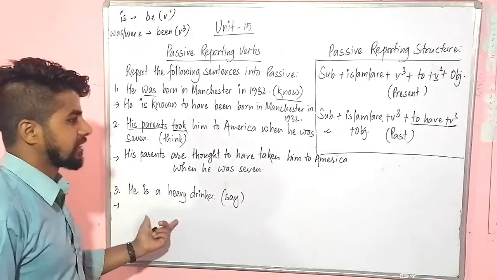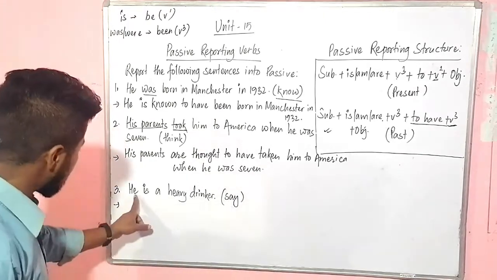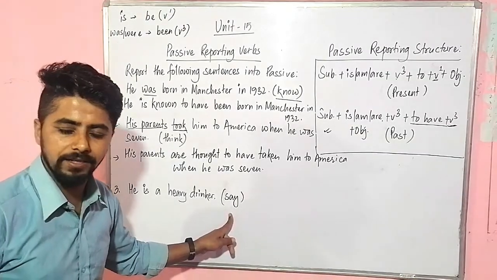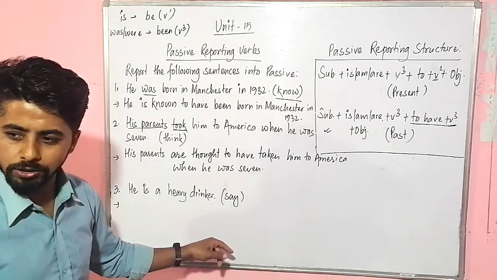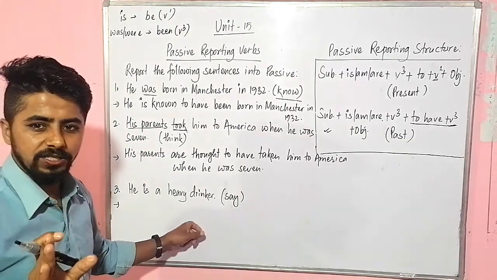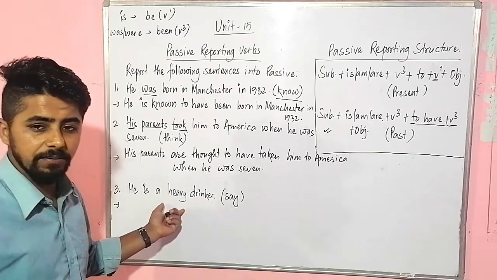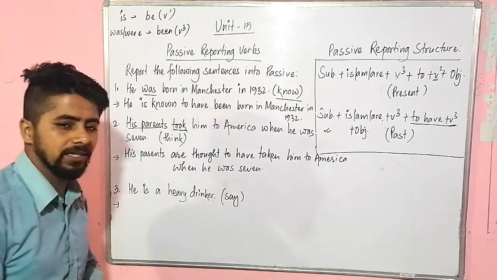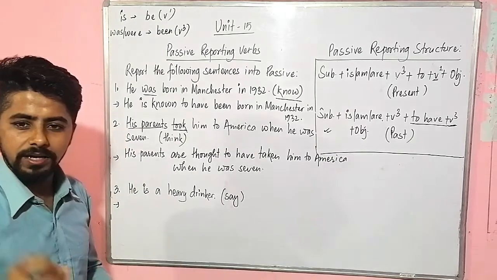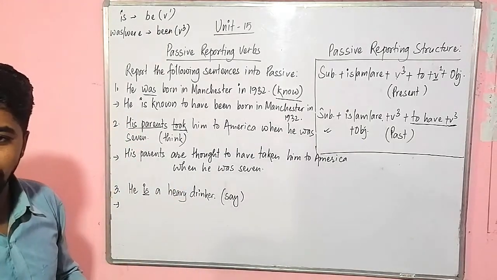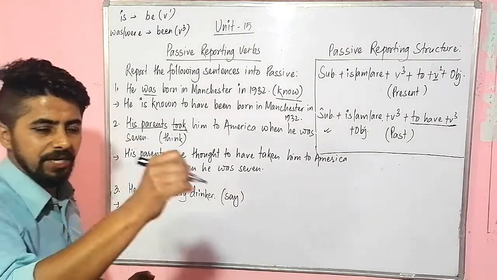Finally, the last sentence here, I am going to solve it. He is a heavy drinker, and say is the verb given in the bracket. Go through the process. Let's recognize the tense given in this sentence. He is a heavy drinker. Is is given here. That's why you have to understand the sentence is in the present tense.